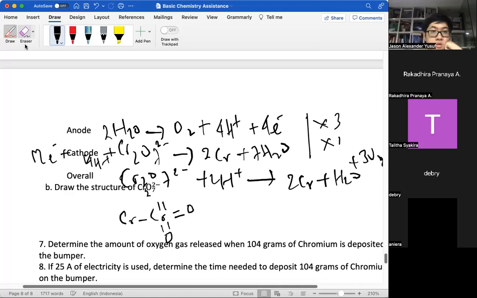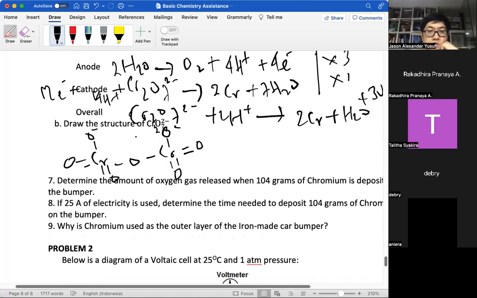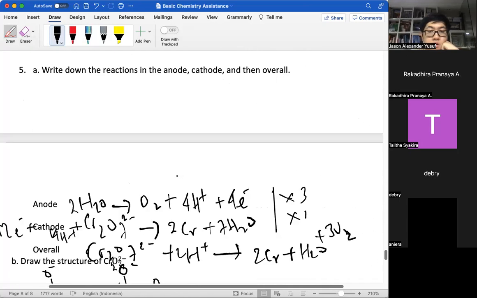So this is what Cr2O7 looks like. And for a clearer picture, I'll give you the drawing of this.